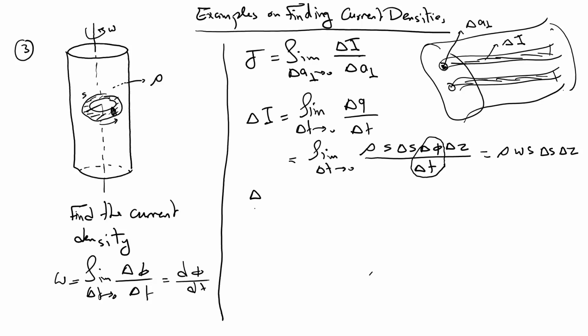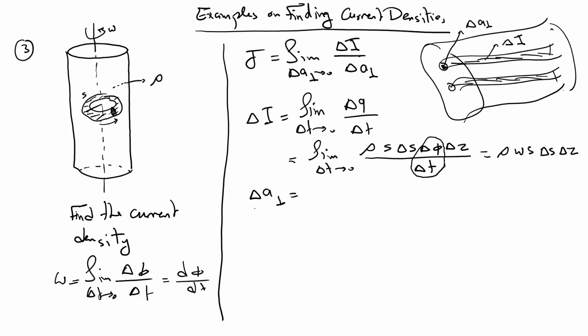What about delta A perpendicular? So this is the area that the flow of charges intersects perpendicularly. Okay, so what do you think this area is in cylindrical coordinates? So you need to look at the formula sheet and check the line element for this, and recall how we build areas out of line elements. So how to build this area? Well, this area is perpendicular to the direction of the flow. The direction of the flow is along phi hat, right?